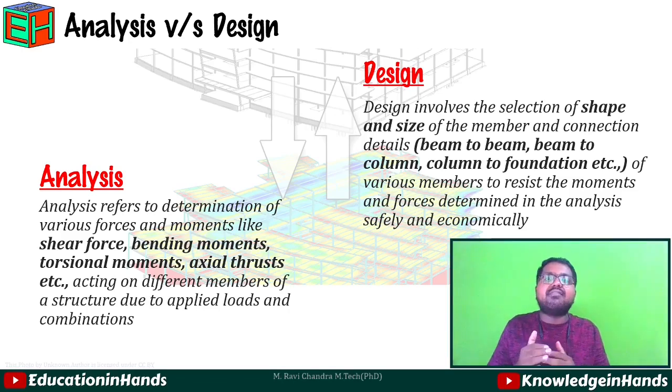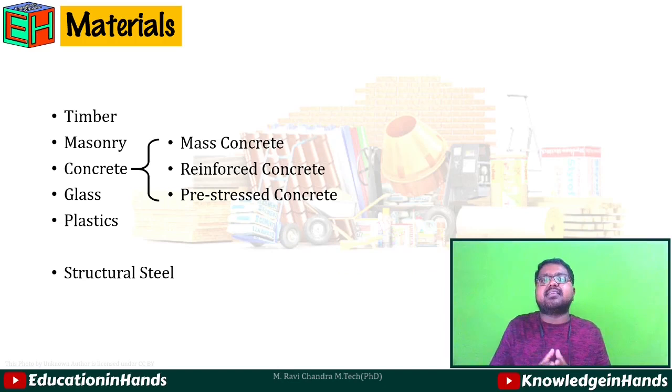For that we have different civil engineering materials in our construction like timber, masonry, and the majorly used concrete, which is in the form of mass concrete, RCC or pre-stressed concrete, and some elements like glass and plastics. Everything is available as a material, so we can choose any material. Here our prime course is on steel structures, so we are focusing on steel, as well as structural steel.